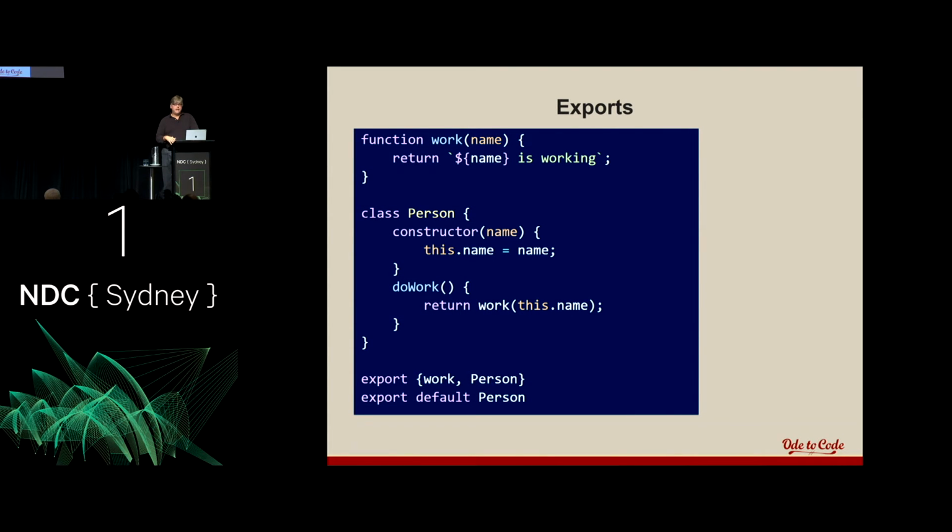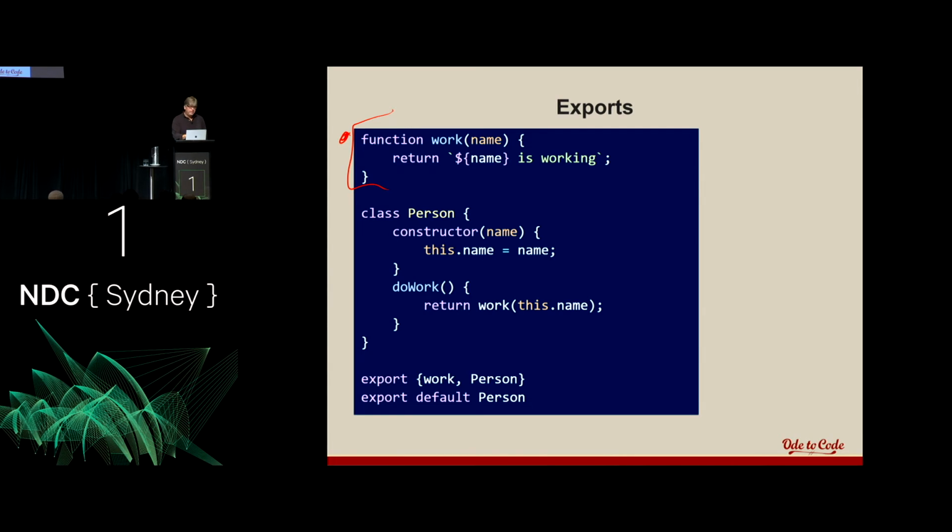Instead, I can start writing things in a file, and I can pick what I explicitly want to export to the outside world for them to consume. So inside of this file, if I write a function work, unless I explicitly export that thing, no one else can see it, no one else can use it, no one else can touch it. And I can either export it by using the export keyword right there, so I could say export function work, and it would be published.